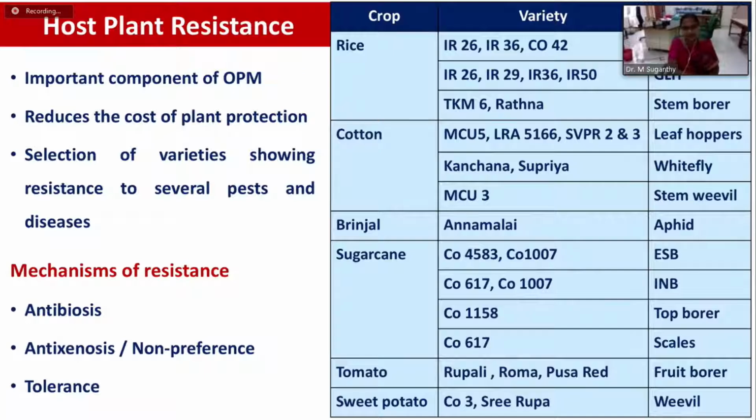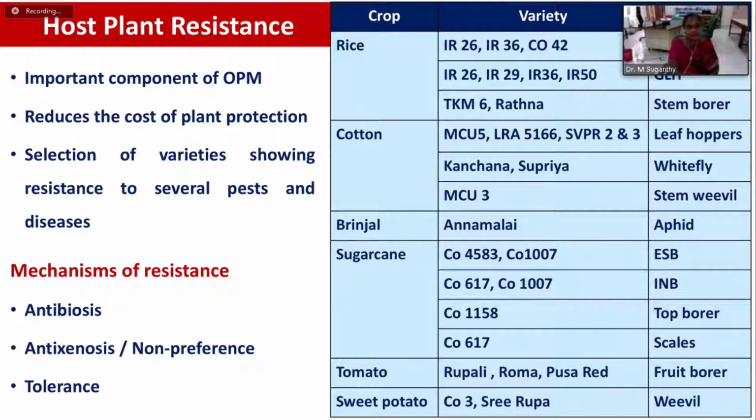The basic mechanisms of resistance are antibiosis, antixenosis, as well as tolerance. Here I have shown some of the important resistant varieties against major pests on major crops. I'll share the presentation with the organizers so that it can be circulated among the farmers.